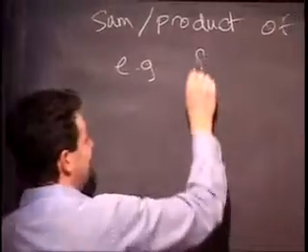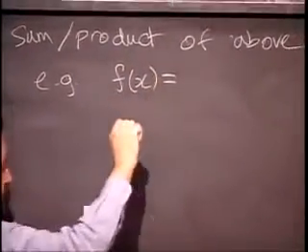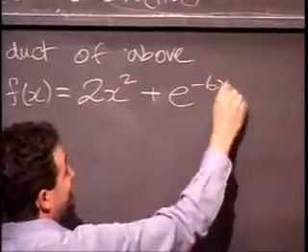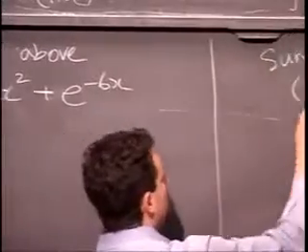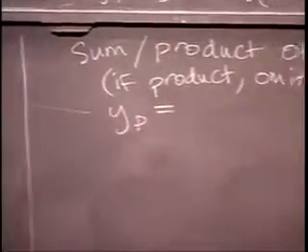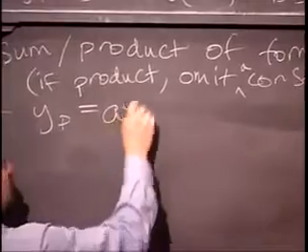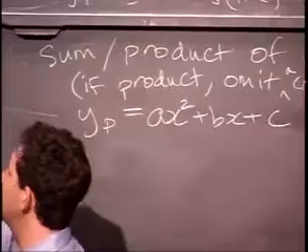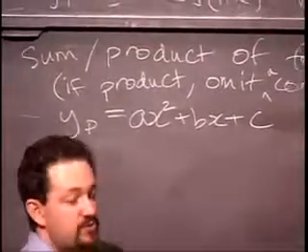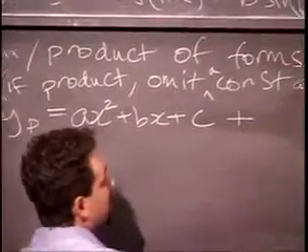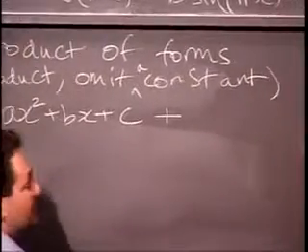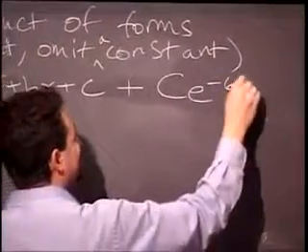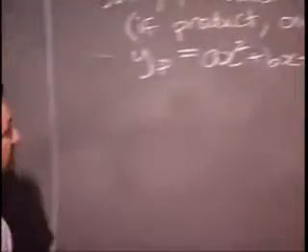So, if the right-hand side of your original differential equation happens to be 2x squared plus e to the minus 6x, well then, you let yp be, well the 2x squared needs to be ax squared plus bx plus c, and the e to the minus 6x, I'm a little bit suspicious. It should be a constant. I've run out of letters. Actually, maybe I'll call it c. What the hey? c e to the minus 6x. Why not d?